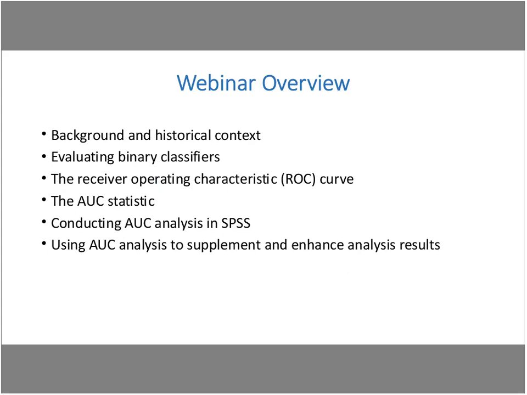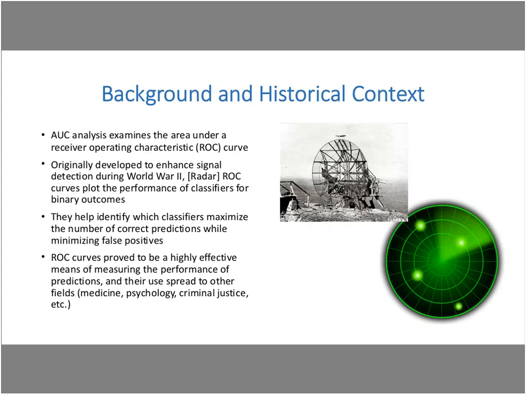Then we'll get into the AUC statistic itself and how to interpret it. Then I'll walk everyone through how to conduct AUC analysis in SPSS, and we'll wrap up by talking about ways you can use AUC analysis and some interesting and useful ways to supplement and enhance the analysis results that you might be doing.